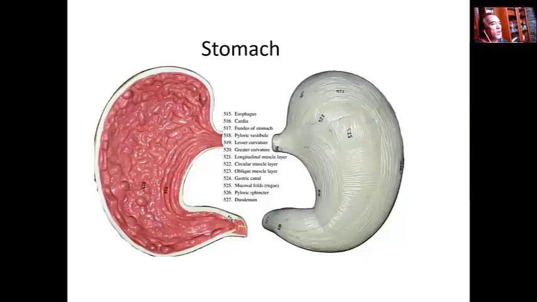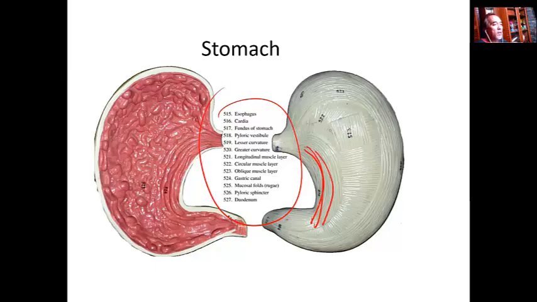Again, this shows you the stomach model with the description, but I'm going to concentrate on the muscles lining the stomach. 519 is the lesser curvature, but that's also going to be the longitudinal muscles. 521 is the longitudinal, so it follows the length of the stomach.